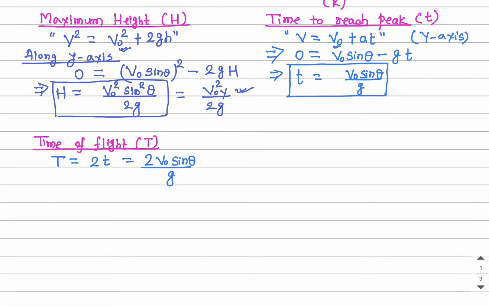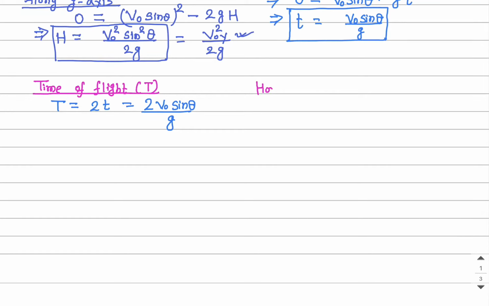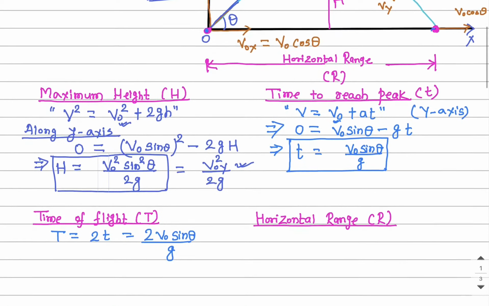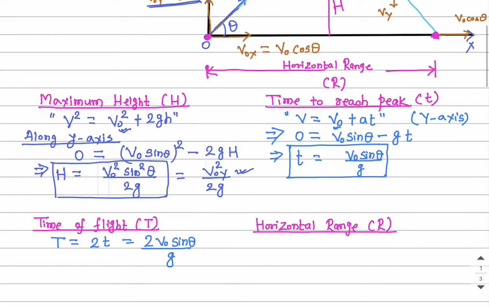Now the last important thing we calculate is the horizontal range. Horizontal range, and you know that we denote it by R. The horizontal range is the distance from ground to ground, from the time when you launched to the time when it reaches the ground. This distance is the horizontal range.